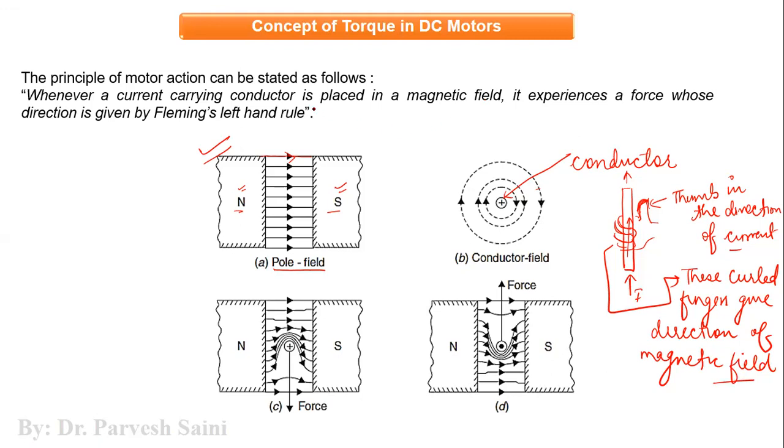So this is how we can find it out. That means the magnetic lines of force are from north to south, and a magnetic field is also available around a conductor carrying current.